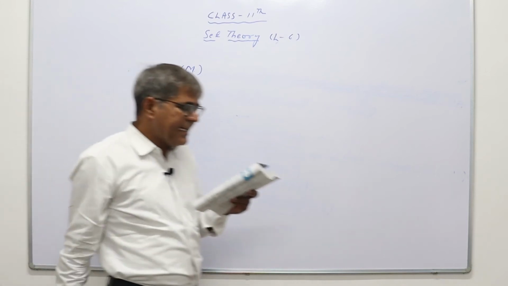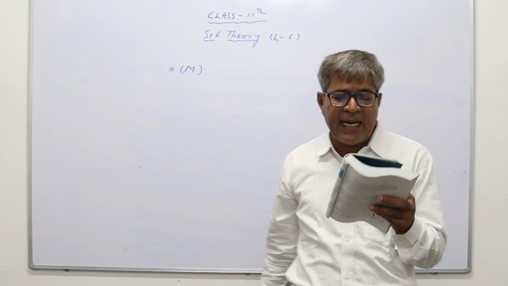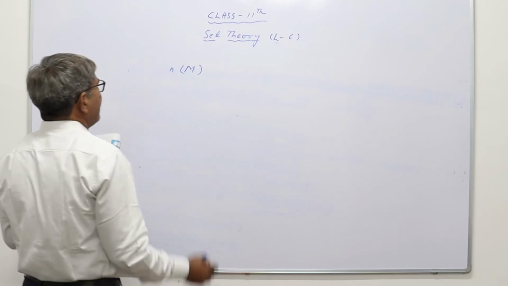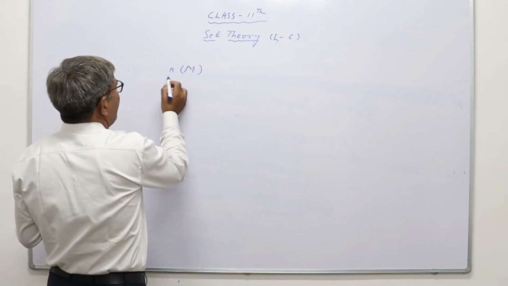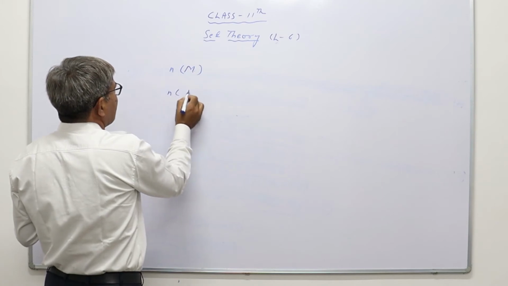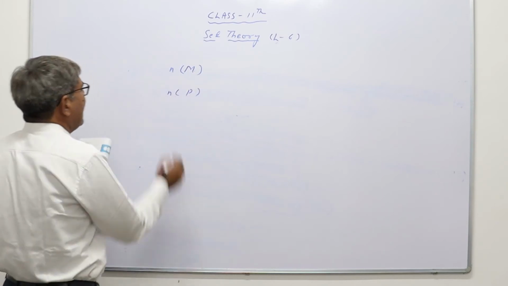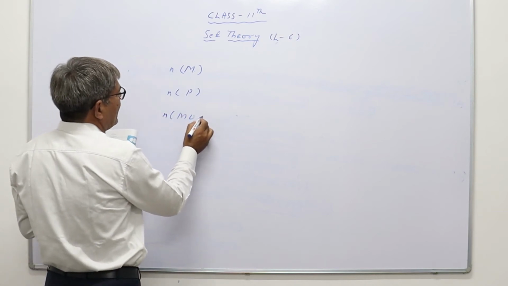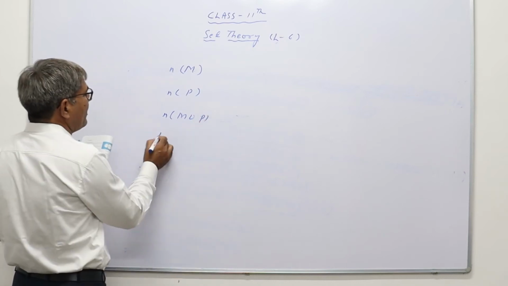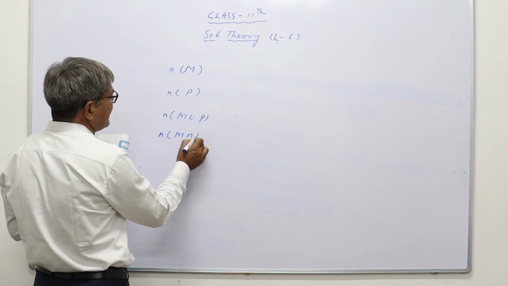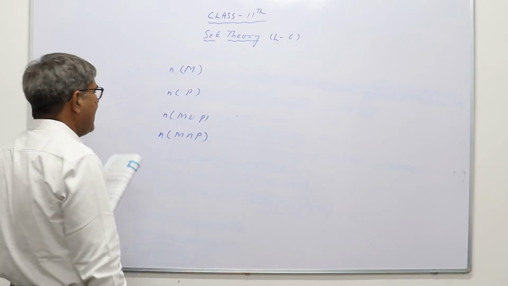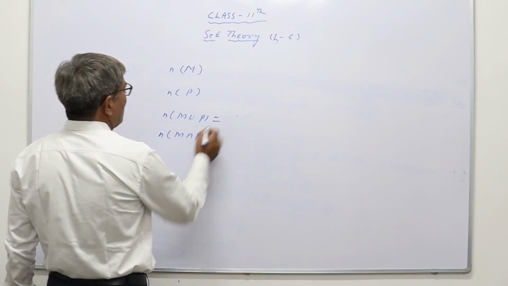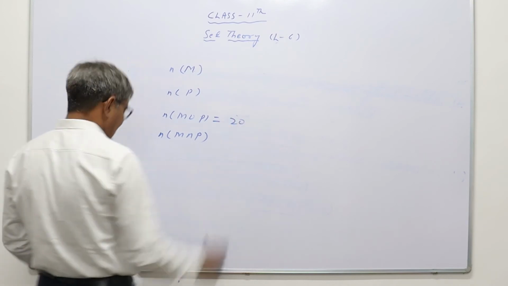So once again, let us read out the question. In a school there are 20 teachers who teach mathematics or physics. So let the number of teachers teaching mathematics be n(M), the number of teachers teaching physics be n(P), the teachers teaching maths or physics be M union P, and the number of teachers teaching maths and physics be M intersection P. Now the number of teachers who are teaching physics or mathematics is given as 20.